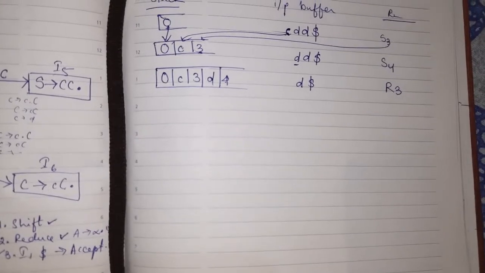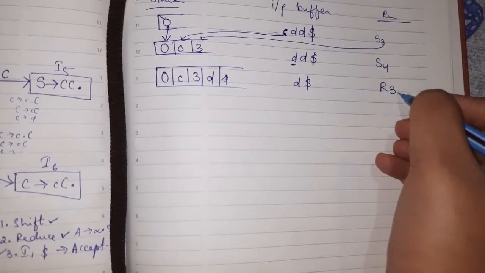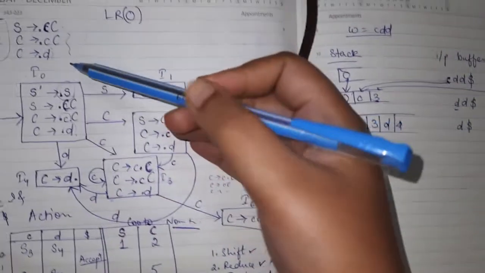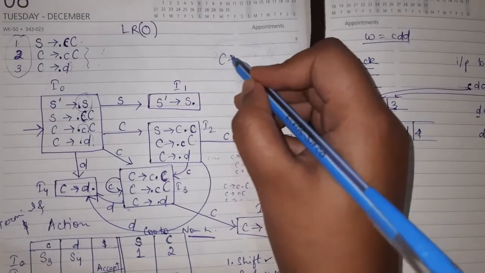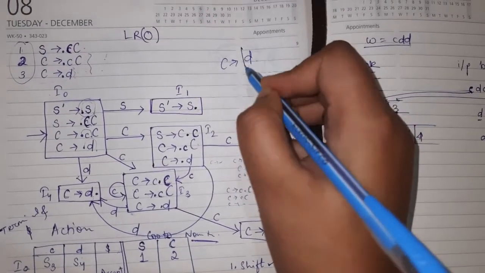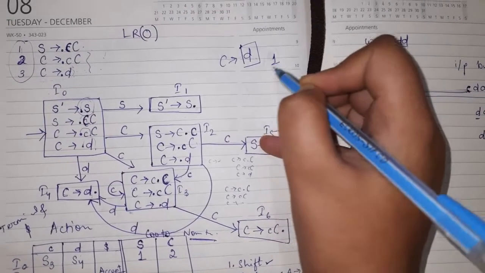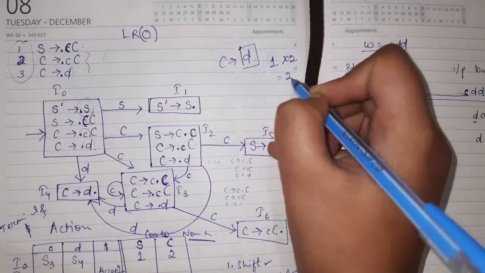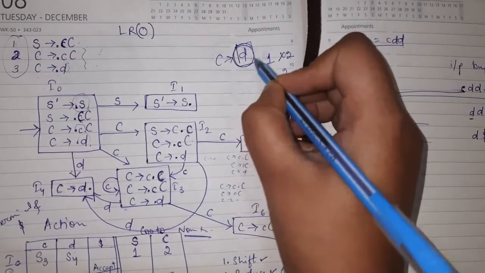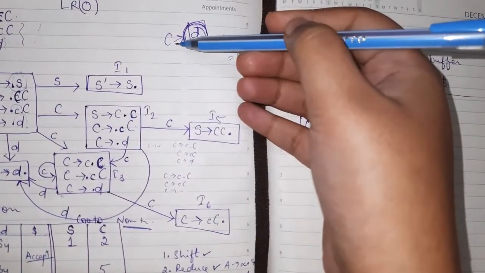What does that mean? It means whatever is there in production 3, that is C derives D. The RHS length here is 1, multiplied by 2 is equal to 2, means twice the length of the RHS has to be removed from here and replaced with the LHS.